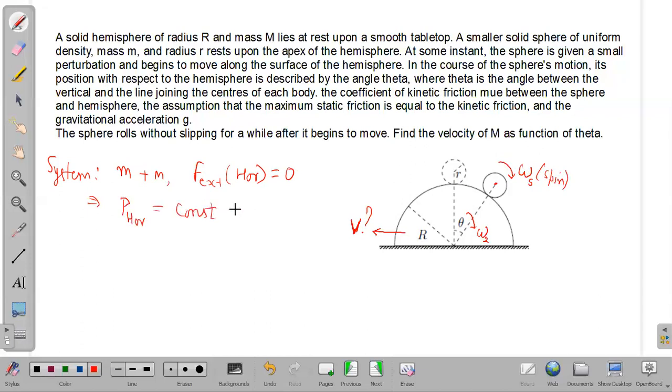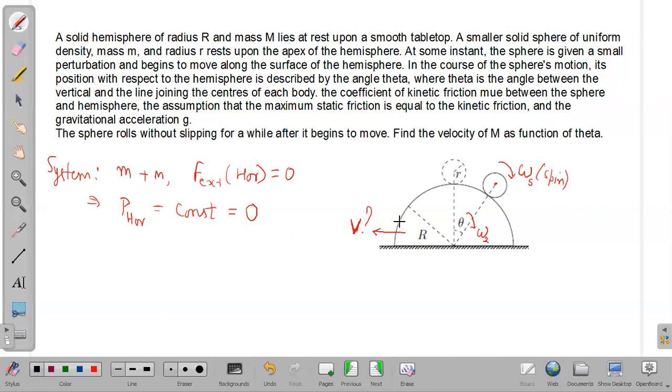The value of that constant will be 0, because the whole system started with 0 velocity, so at the initial moment there was no linear momentum. After a certain time, the linear momentum remains conserved because of the absence of any external horizontal force, and therefore I can write down one equation based on this fundamental principle, conservation of linear momentum.